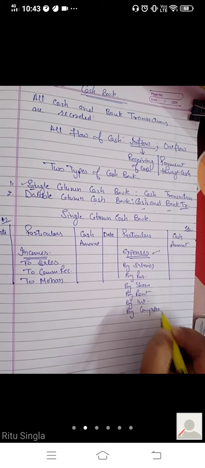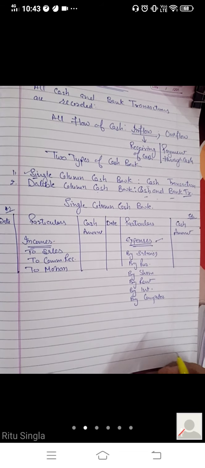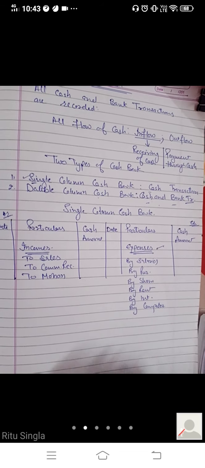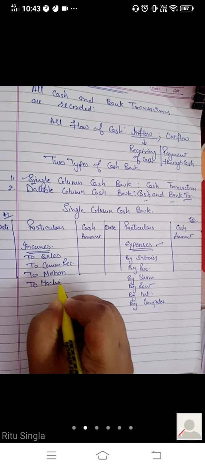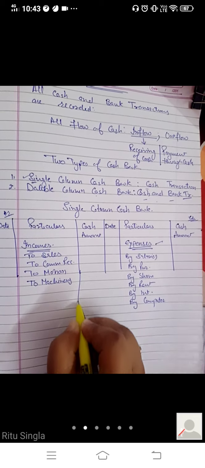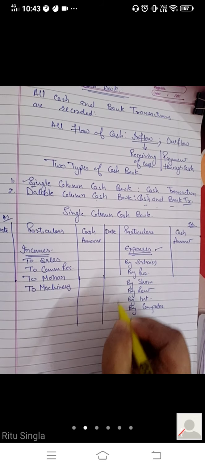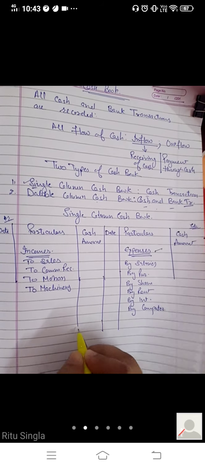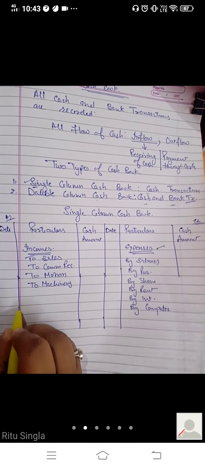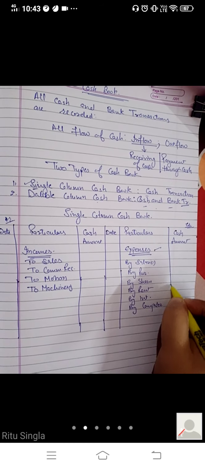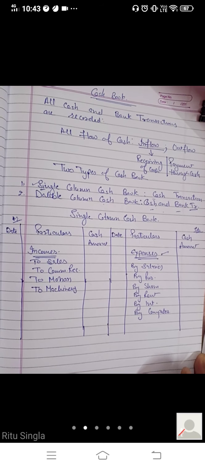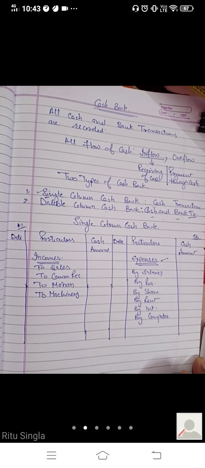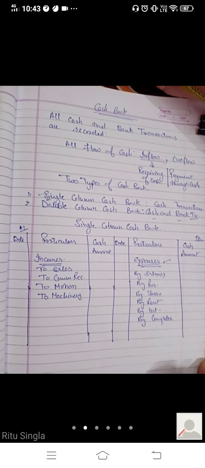Suppose I purchase one computer, or I sold one old machinery. In that case, we'll write to machinery, right? So we'll record all incomes in debit column and all expenses in credit column.